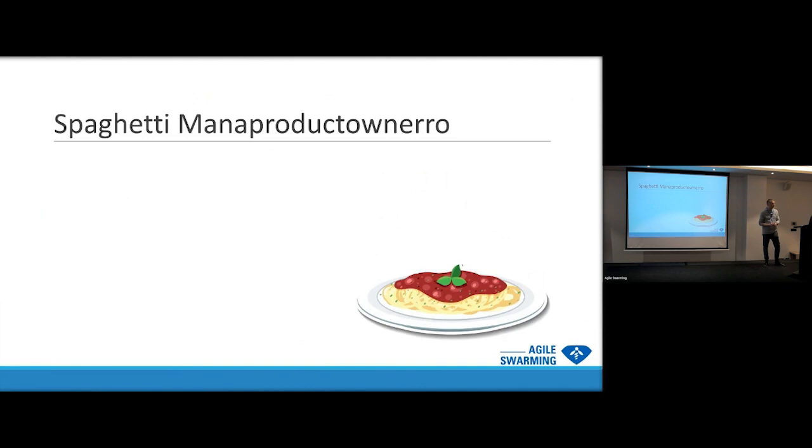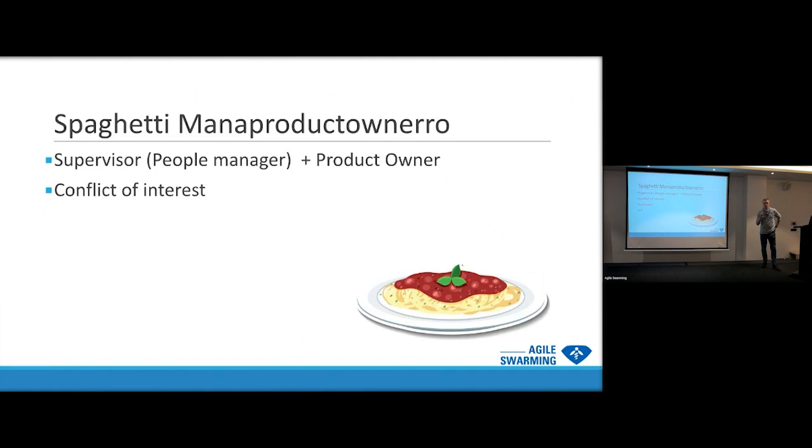The next one that I've prepared is, oh, that's even harder. That's Manager, Product Owner, spaghetti. I will display them as they are because they are really similar to the previous one. But what is the difference? The difference is that for me the conflict here is just straightforward. Why?